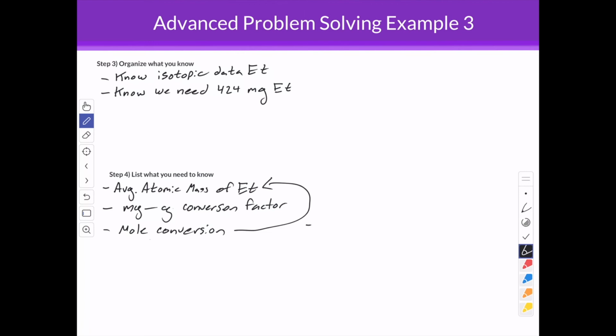The other is Avogadro's number. We need to know scientific notation math, sig figs, dimensional analysis.